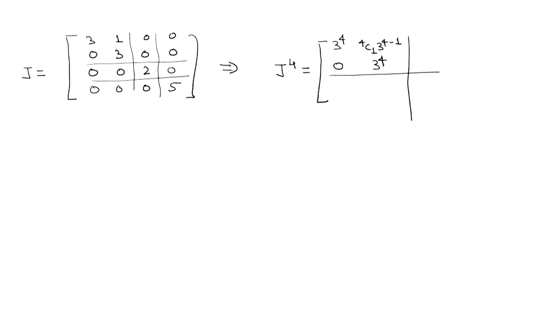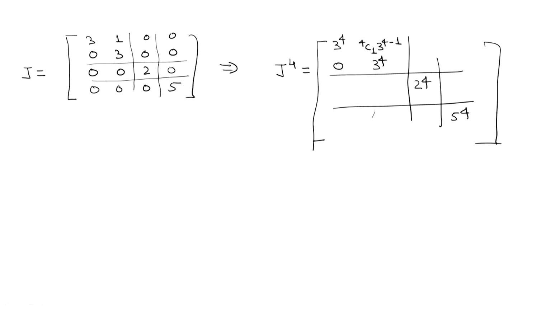So, this is for the first block. Now, the second block will become 2 raised to power 4, and for the third block it will be 5 raised to power 4. So, this will become the corresponding J raised to power 4 matrix.